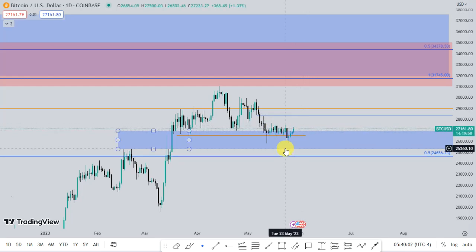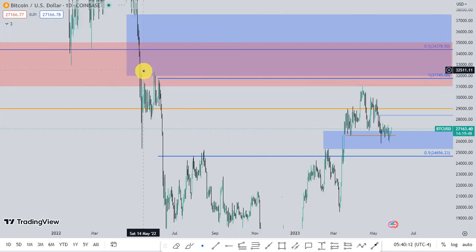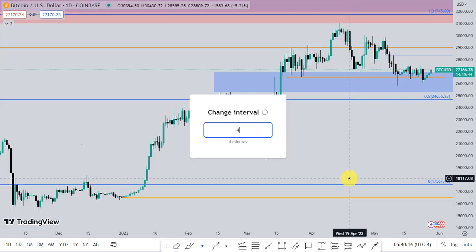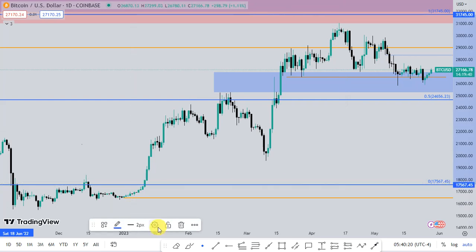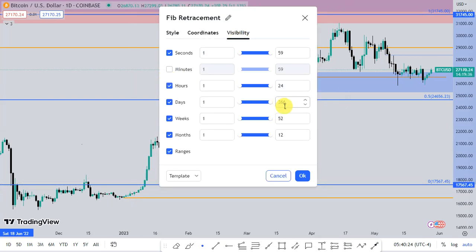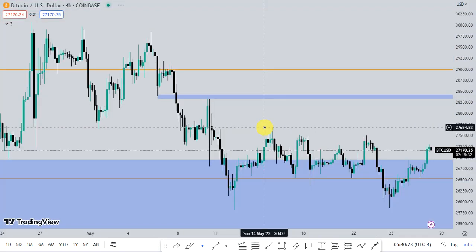That higher low will be our entry for long on Bitcoin and targeting this highs in here, and after that this highs on the daily time frame. So this is the trade idea. If we go to the 4 hour time frame, let me make this visible on the hourly chart. So now we go to the 4 hour time frame.